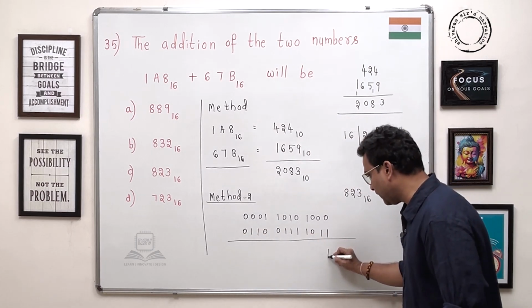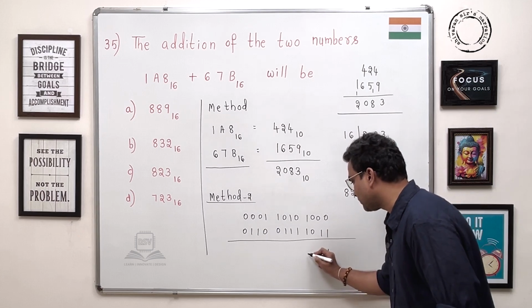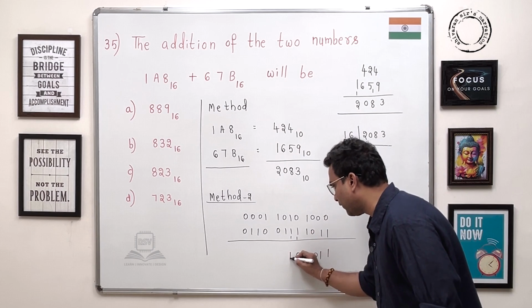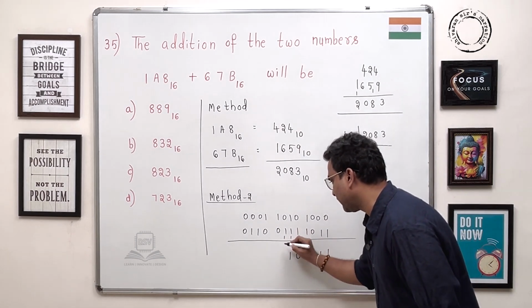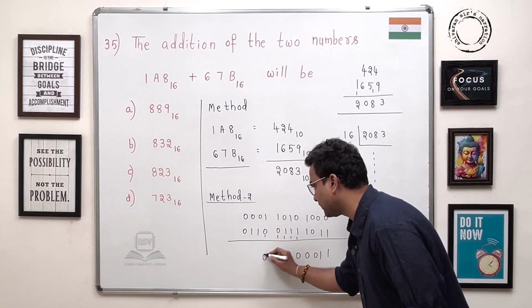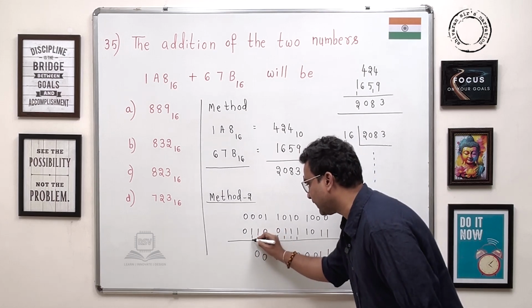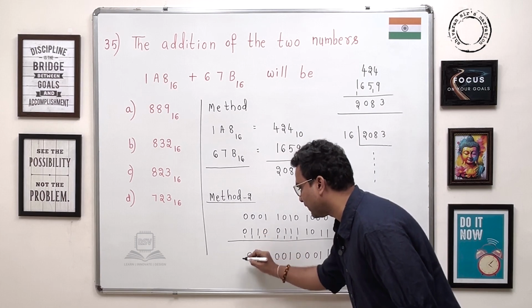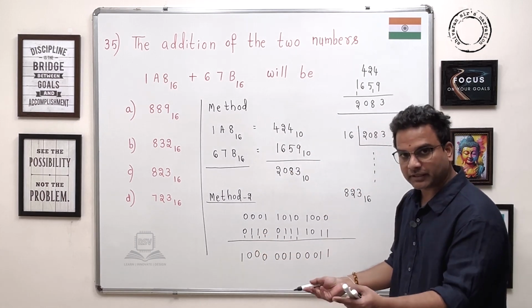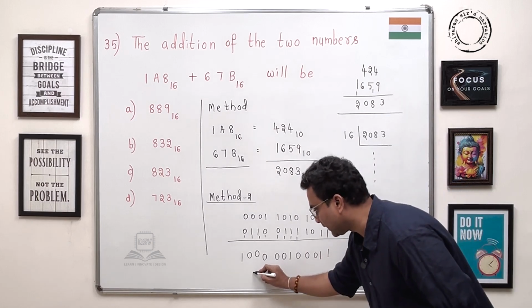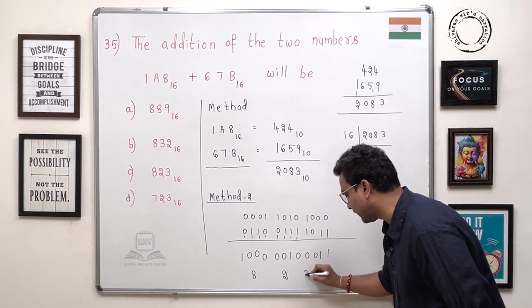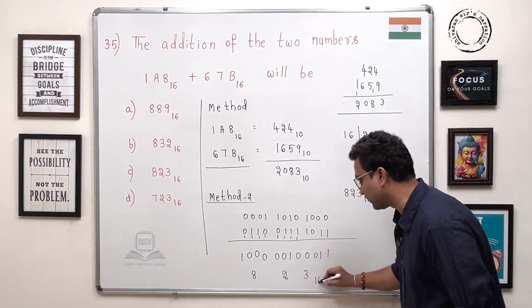Therefore you get the binary sum with carries, and if you convert this into hexadecimal, then it is 8, 2, 3 in hexadecimal form.